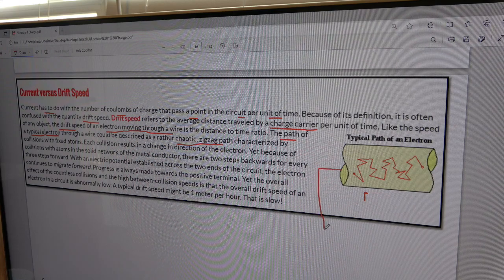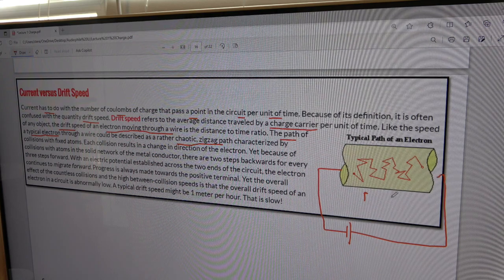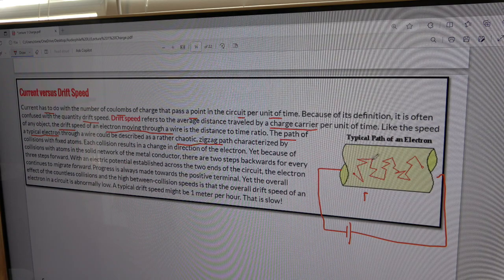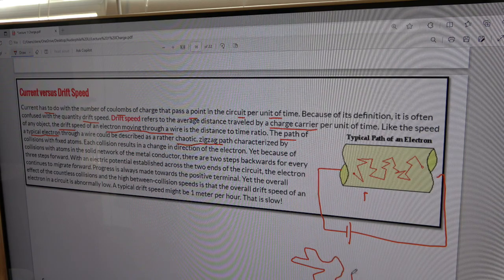So if I were to apply an electromotive force and start kicking those valence electrons off, and if I was able to follow an electron, which you can't, but if you were able to, the path that this electron would take moving forward would be chaotic and zigzag. You see this? It even goes backwards. So, here's my electron. I apply it this way, that way, that way. Oh, go backwards. Okay. But generally, it's making progress forward.